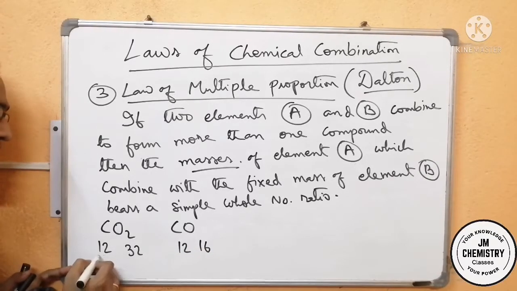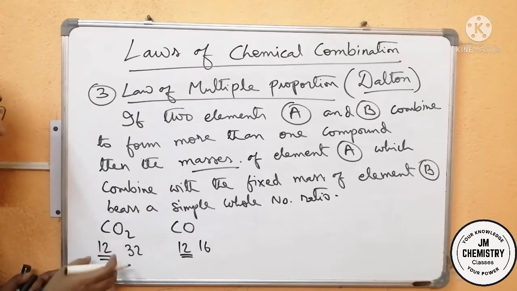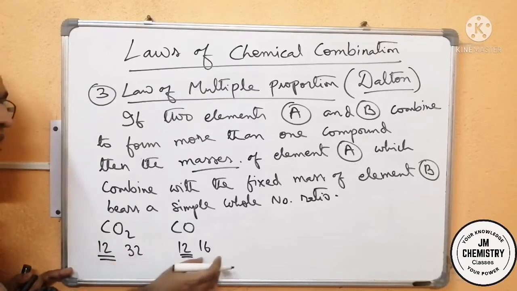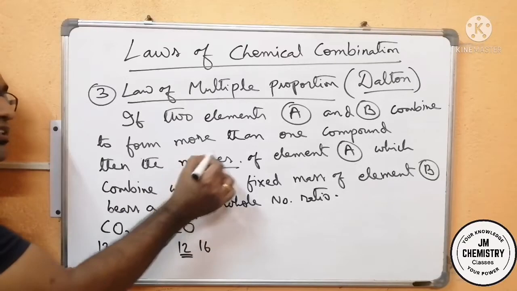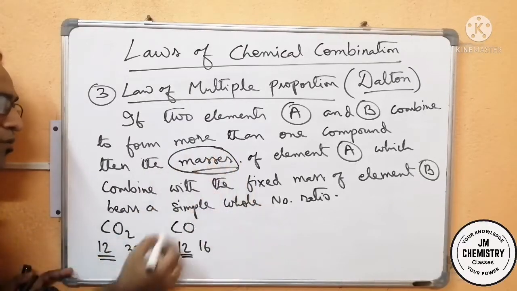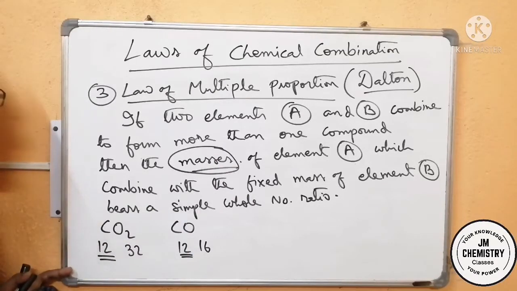So here we can see that the amount of carbon is fixed, that is the carbon is the B element, and the amount of oxygen is varying. Here it is 32 and 16. So it is the masses of oxygen which combined with the fixed mass of carbon bears a simple whole number ratio.